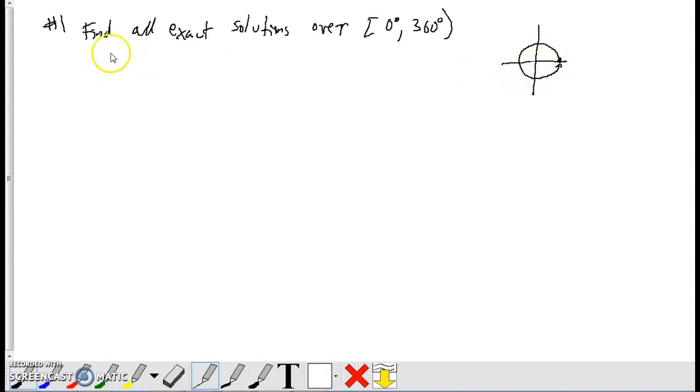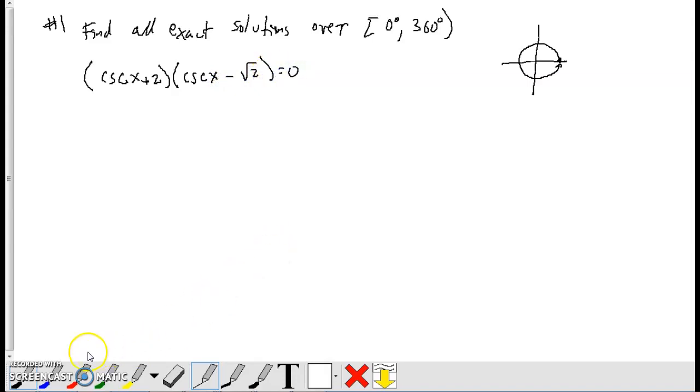All right, so here's our first problem. We're going to say the cosecant of x plus 2 and the cosecant of x minus root 2 is equal to 0.